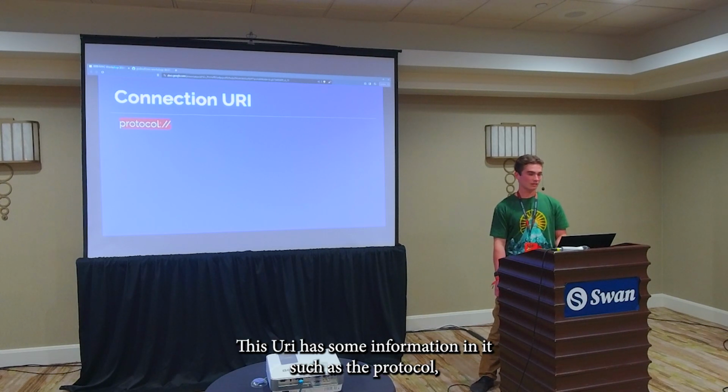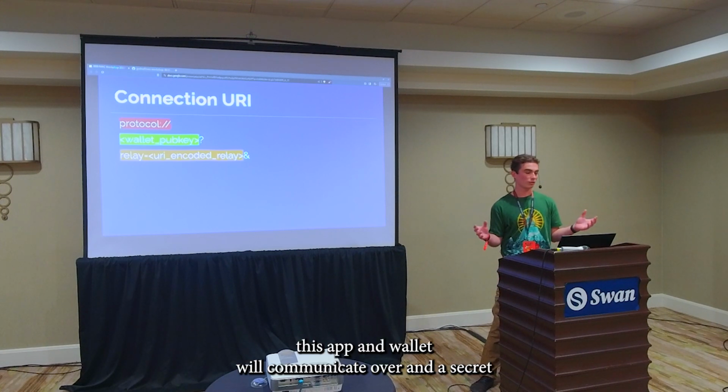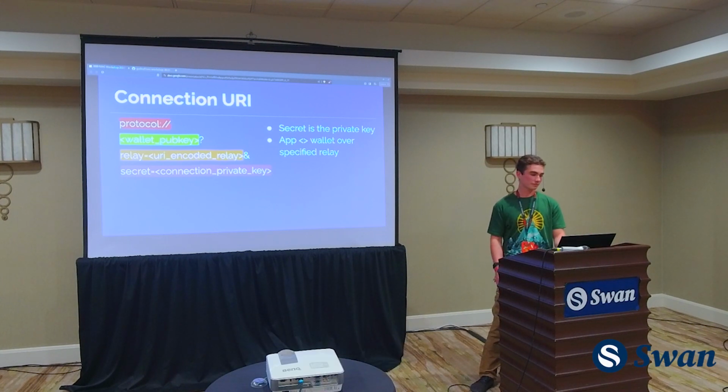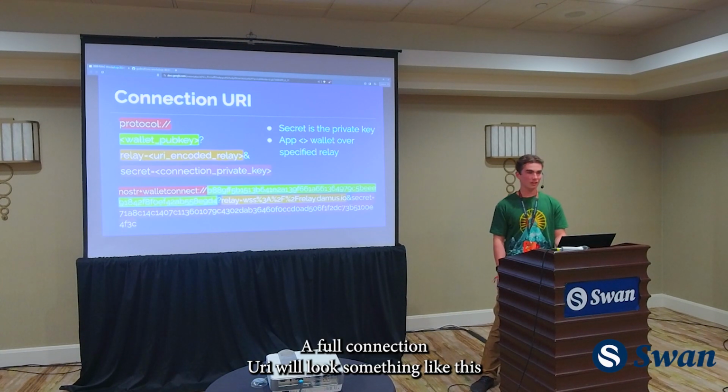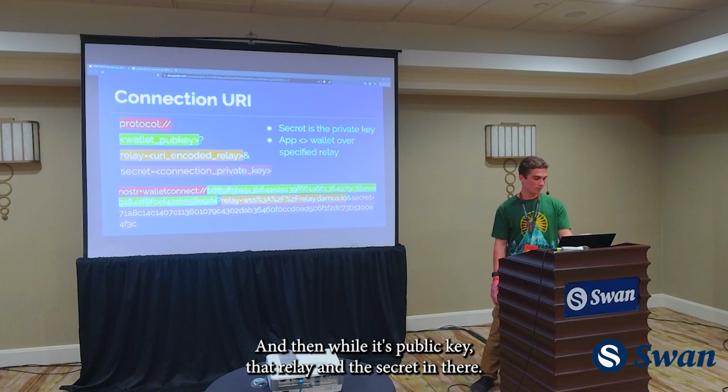This URI has some information in it, such as the protocol, the wallet's public key, the relay that this app and wallet will communicate over, and a secret, which is basically the private key for this connection. A full connection URI will look something like this, with nostr+walletconnect as the protocol, then the wallet's public key, that relay, and the secret.